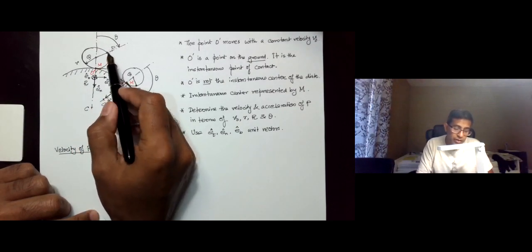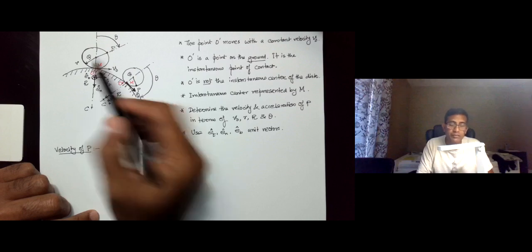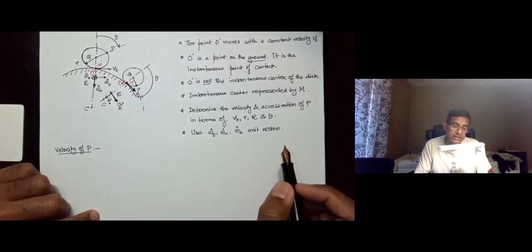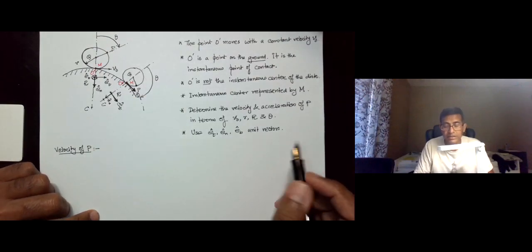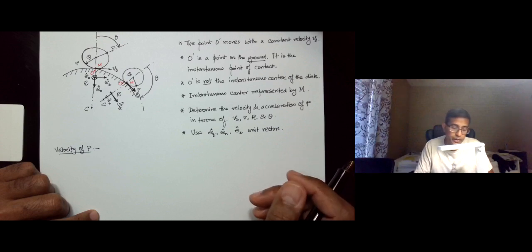First, we can express Vp in terms of Vm, because M is the instantaneous center and we know it has zero velocity. That is one way to do it.